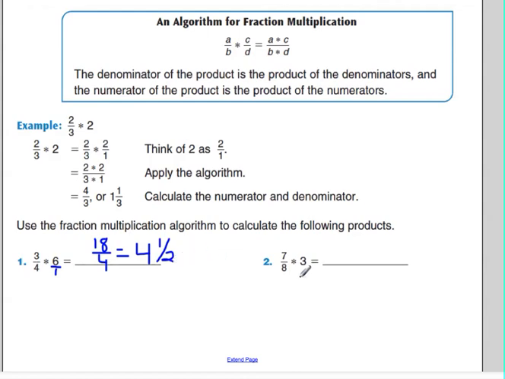Okay, try problem 2. 7/8 times 3. First thing you have to do is make this whole number 3 into a fraction by putting it over 1.